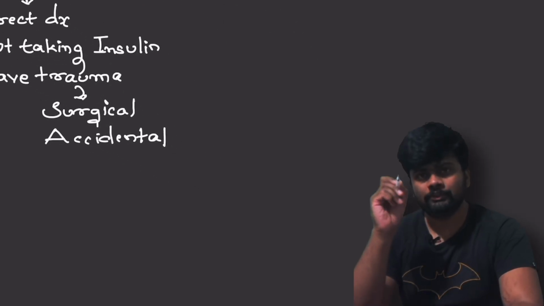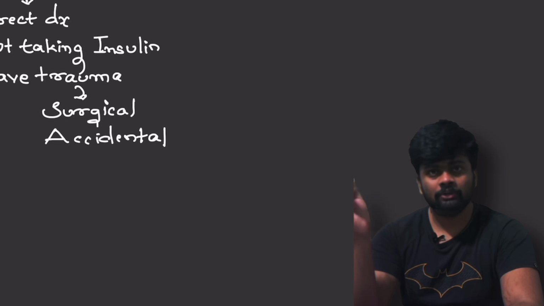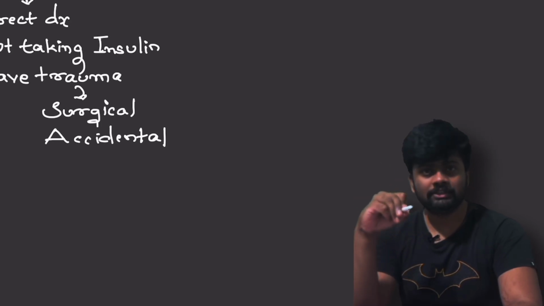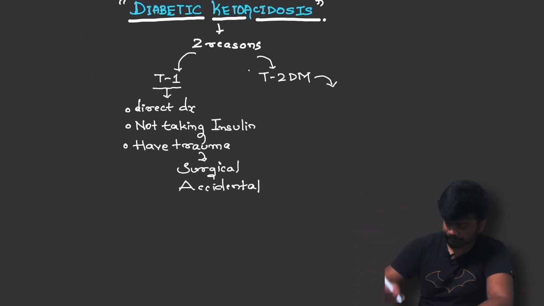Type 2 diabetes mellitus. Now, about type 2 diabetes mellitus. Whenever type 2 diabetes mellitus patients have diabetic ketoacidosis, we can say that these patients are long-term diabetic patients or their glucose is not at all maintained.